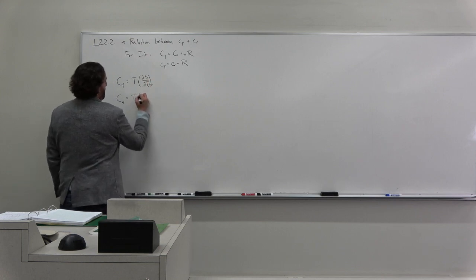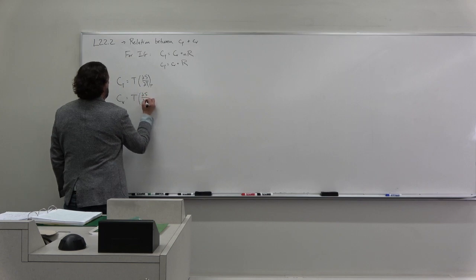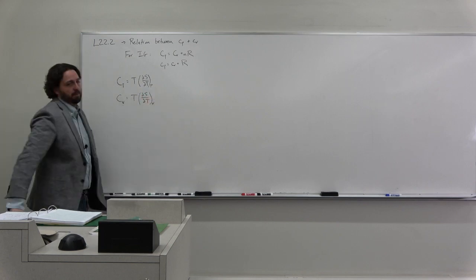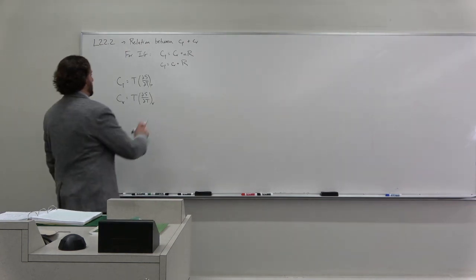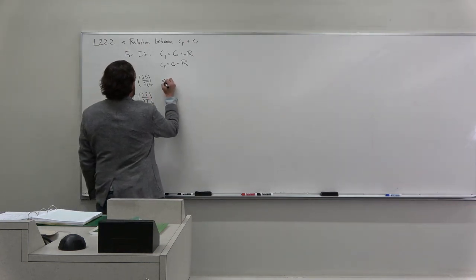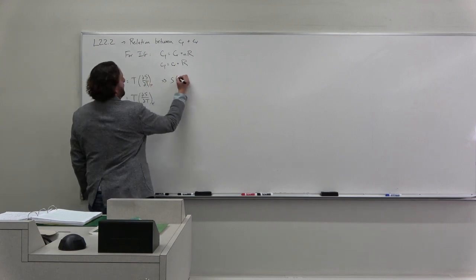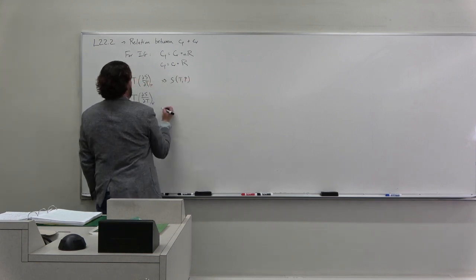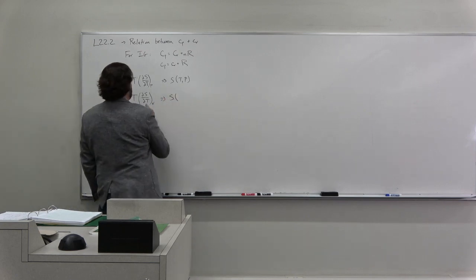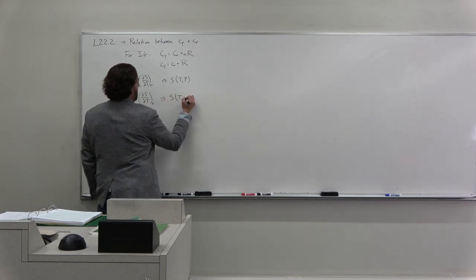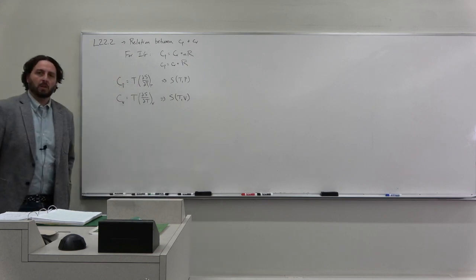And Cv is partial S, partial T at constant V. Okay, so for Cp, that means that our S is a function of T and p. And for Cv, our entropy S is a function of T and V.